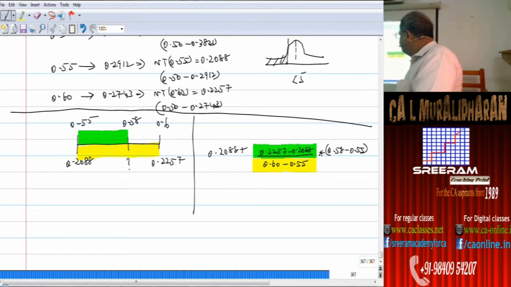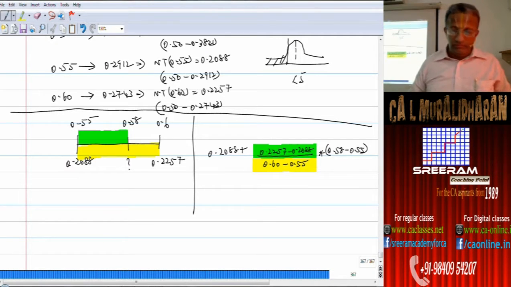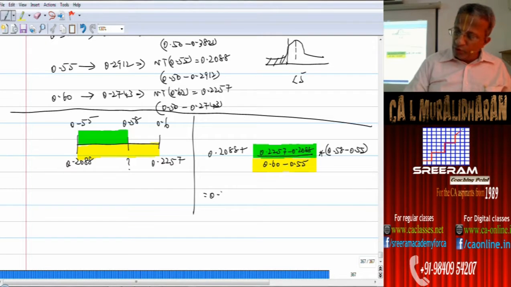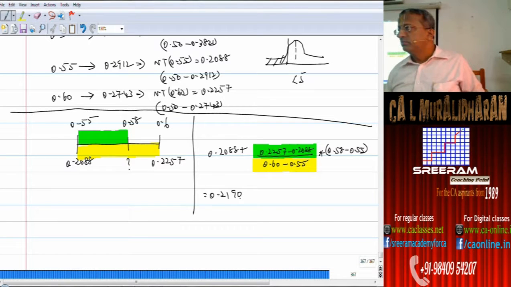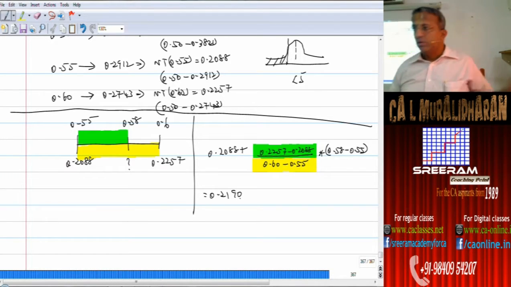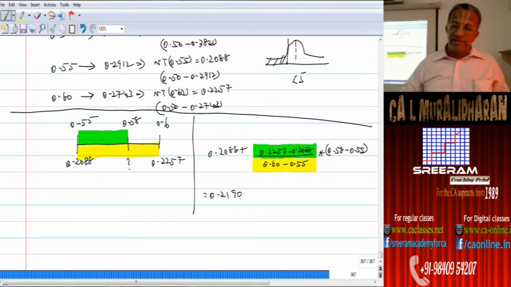What is the value? 0.2257 minus 0.2088, divided by 0.05, multiplied by 0.03, plus 0.2088. Answer is 0.2190. Are you clear? Say yes or no? Now, this is for 0.58 we have got.